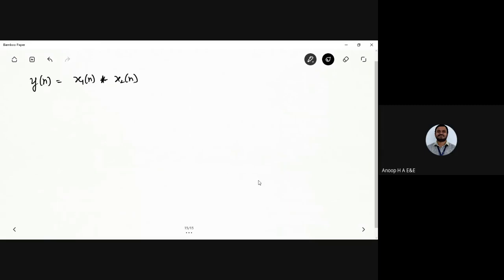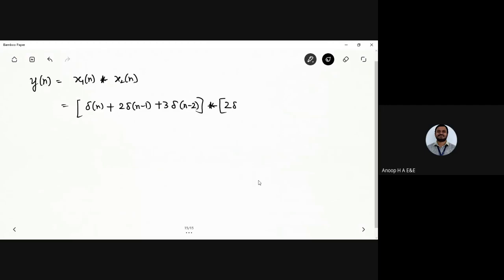Fine. So next, let me write x1 of n. So how will I write x1 of n? Delta of n plus 2 times delta of n minus 1 plus 3 times delta of n minus 2. Okay. Next, how do you convolute it?